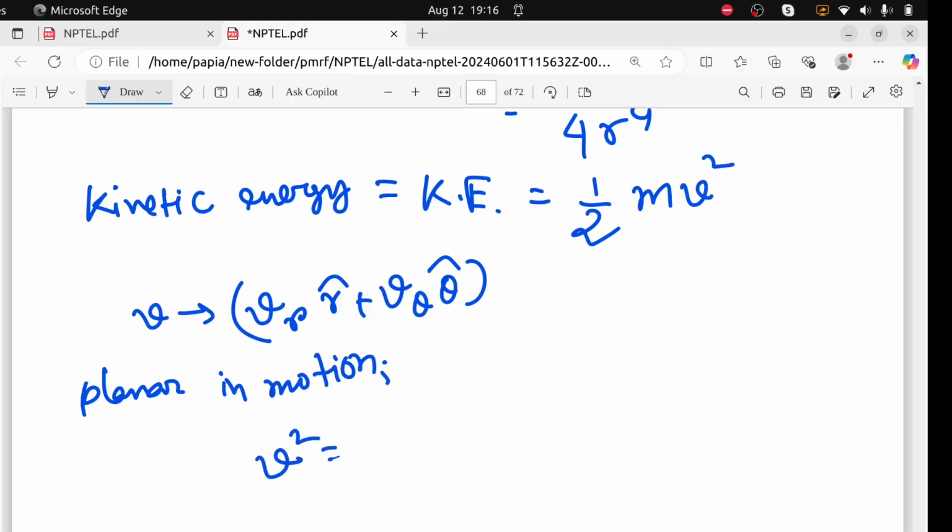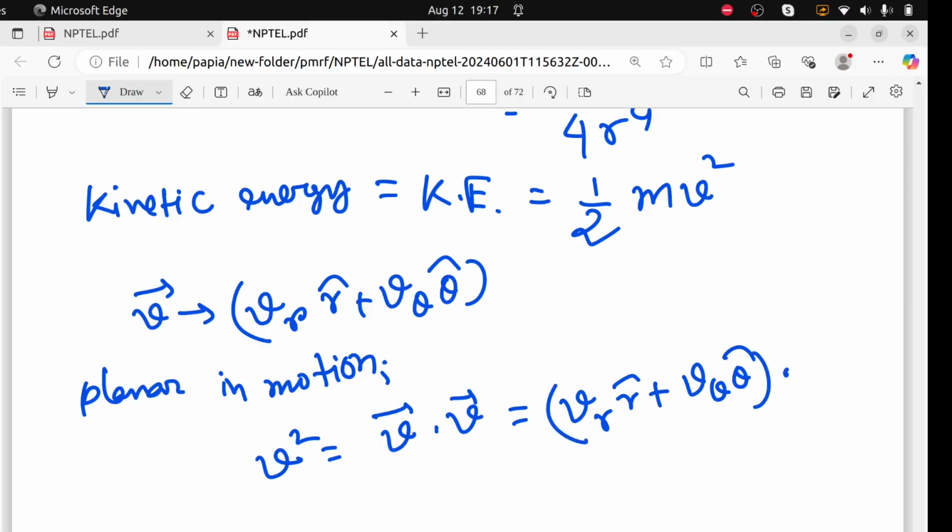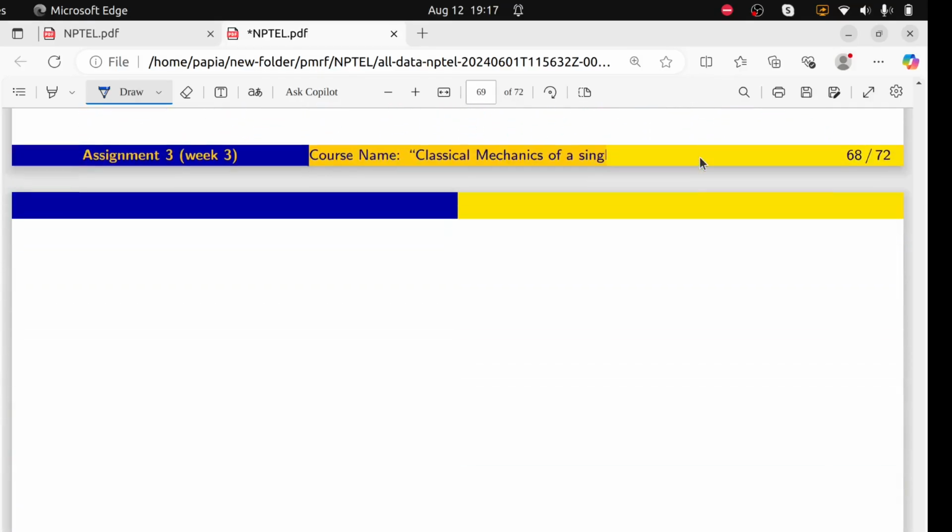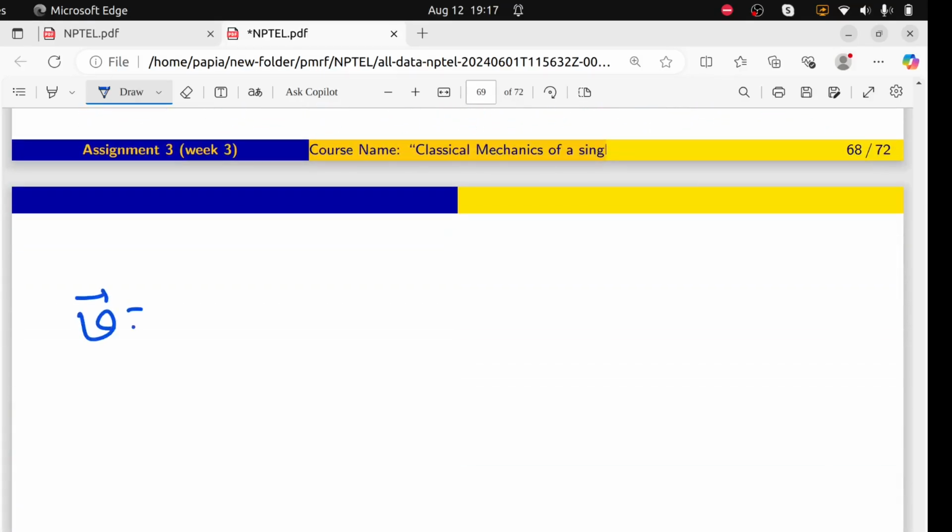So v square means v vector dot v vector. So v_r r cap plus v_theta theta cap dot product with v_r r cap plus v_theta theta cap. Now I can write it as r dot r cap plus r theta dot theta cap.